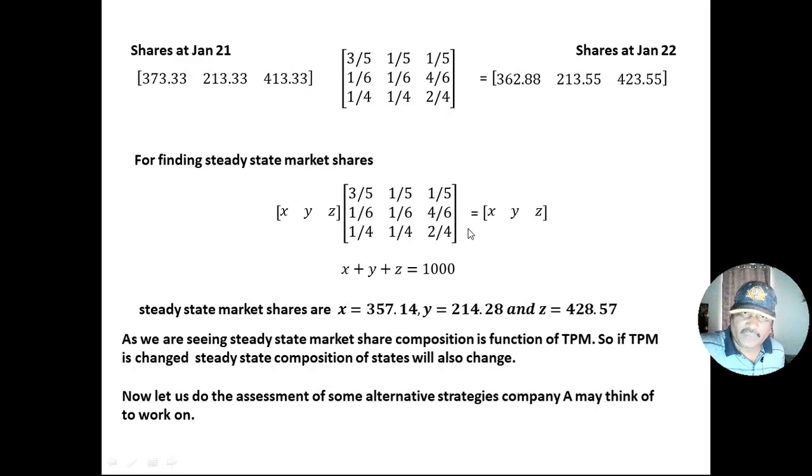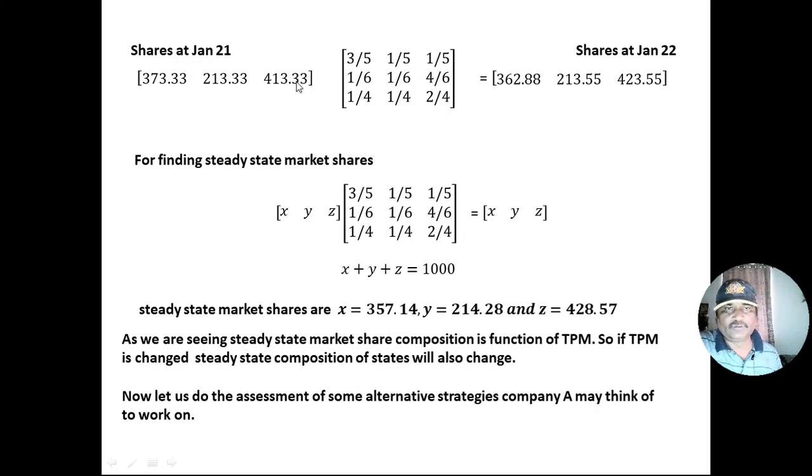So as I said, you need at least one equation which doesn't have right hand side 0, and you have one equation. The sum of all this will always be equal to the total market, the total number of customers. So x plus y plus z is equal to 1000.